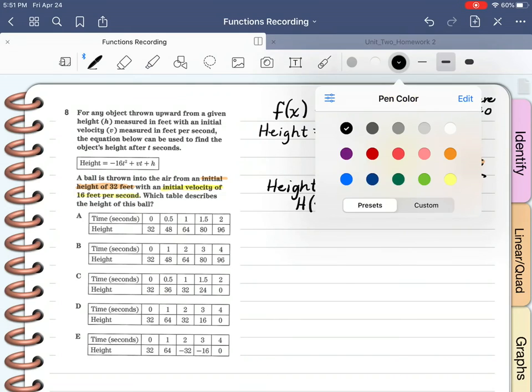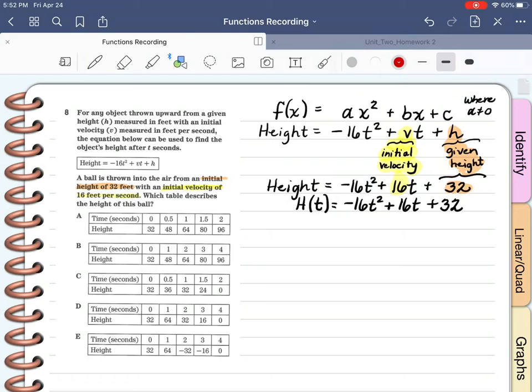In fact, we can find our a, b, and c values for that function. A is negative 16. That makes sense because this ball is falling in this story. That's a parabola that's frowning. B is 16 in this problem.